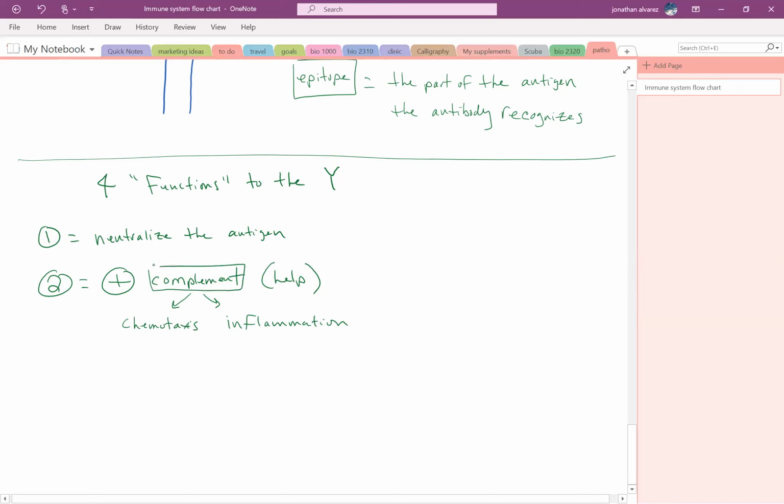As a fun analogy, chemotaxis would be like using a walkie-talkie to bring people in, and inflammation would be like using your phone. You're sending out a signal and people receive the signal and they're coming in to help. Third, it precipitates the antigens, and I'll explain that in a minute.